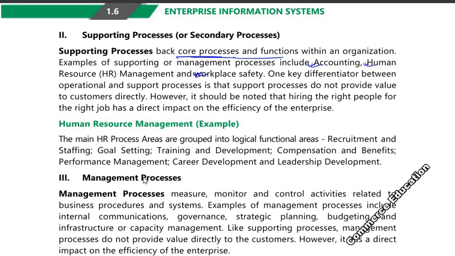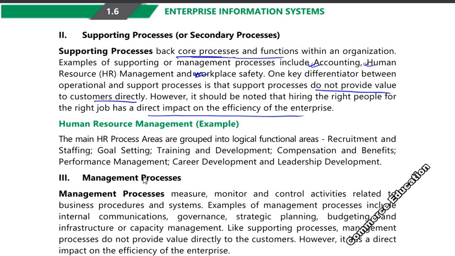These processes don't provide value to the customer directly, but they have a direct impact on the efficiency of the organization. An example has been given here.